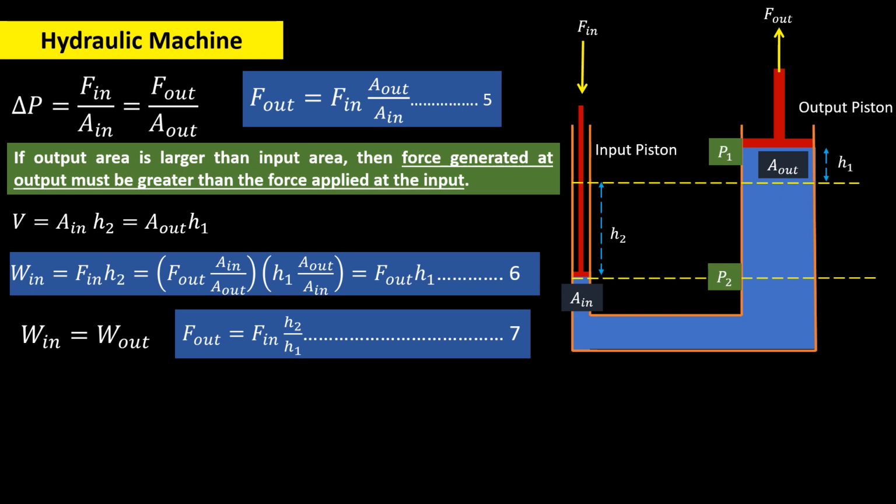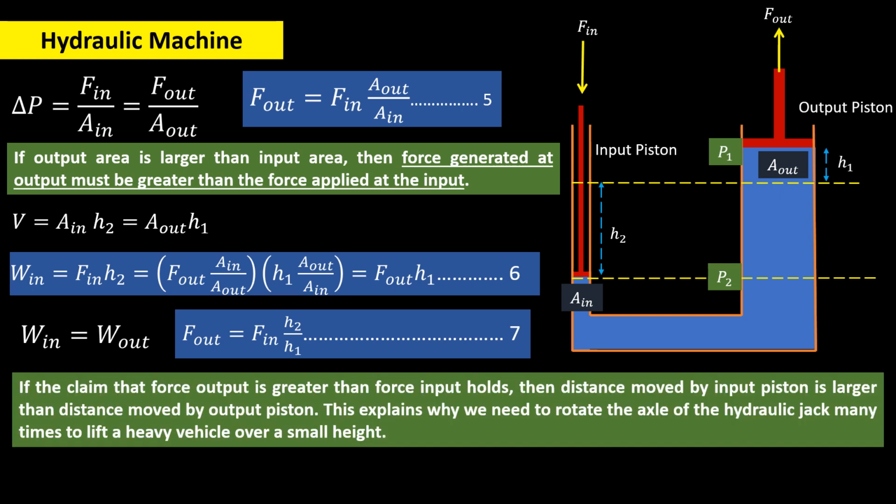But now the force at the output from equation 6 can be rewritten in terms of the force at the input and the heights, now not the area of cross sections. So it is equal to the force at the input multiplied by the ratio of H2 to H1.